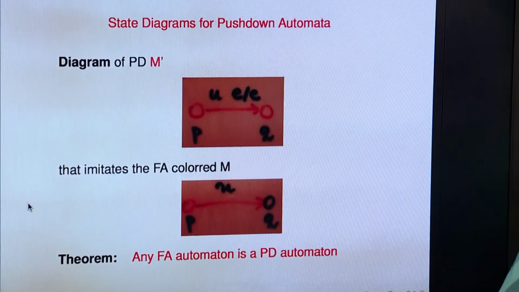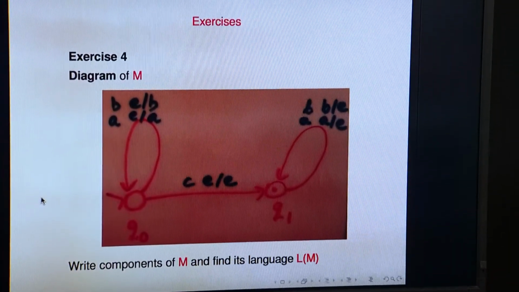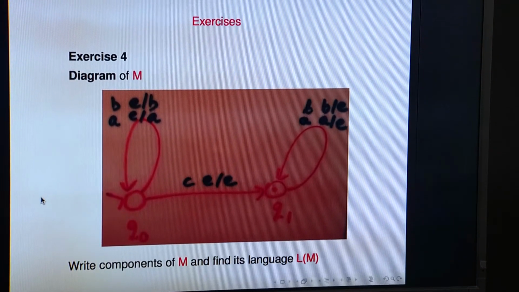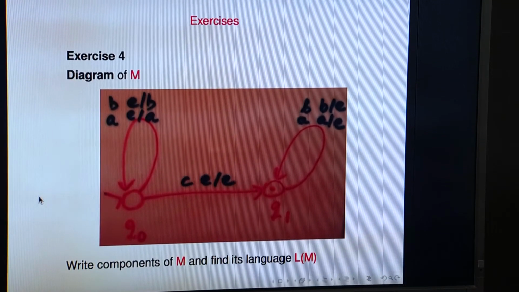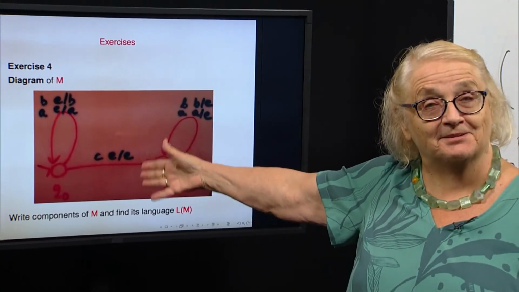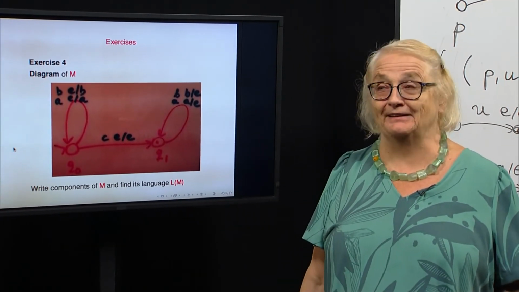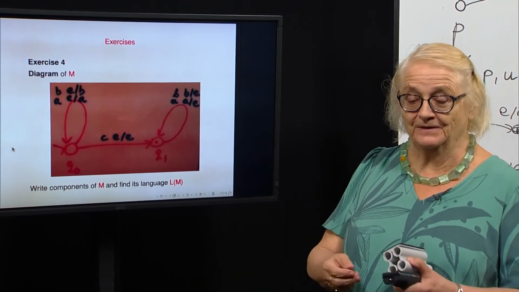So any finite automaton is a pushdown automaton. And here you have a nice diagram. Good exercise: write all the components, as we did with finite automata, and find the language.